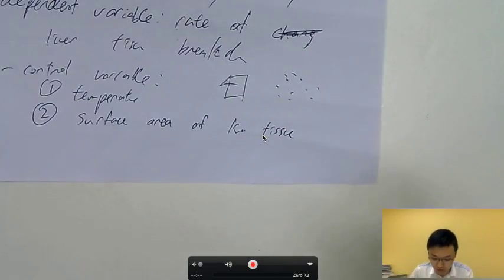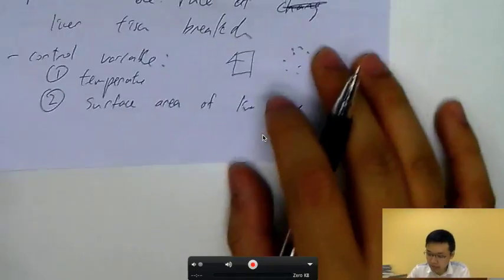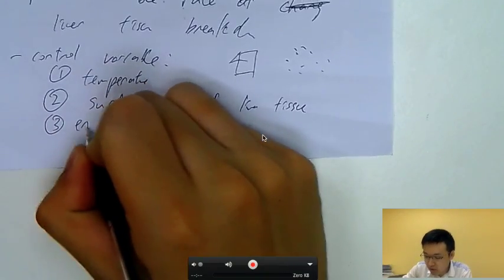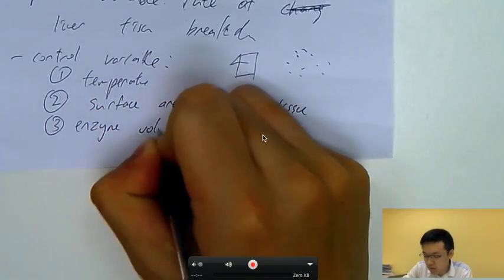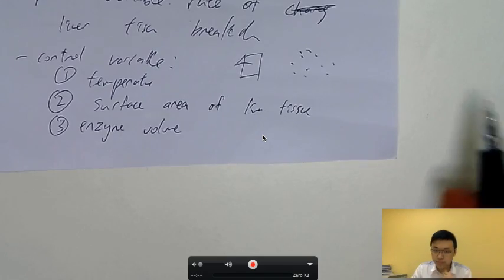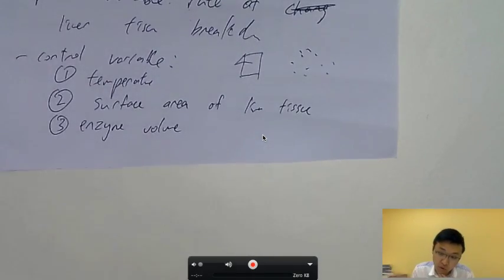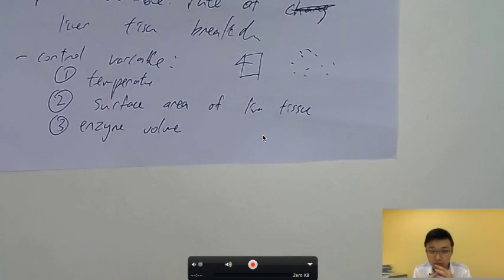It actually speeds up the reaction dramatically. And of course, the third one is the enzyme volume. If you have a higher volume, you have more enzymes there, and it causes the reaction to be faster.